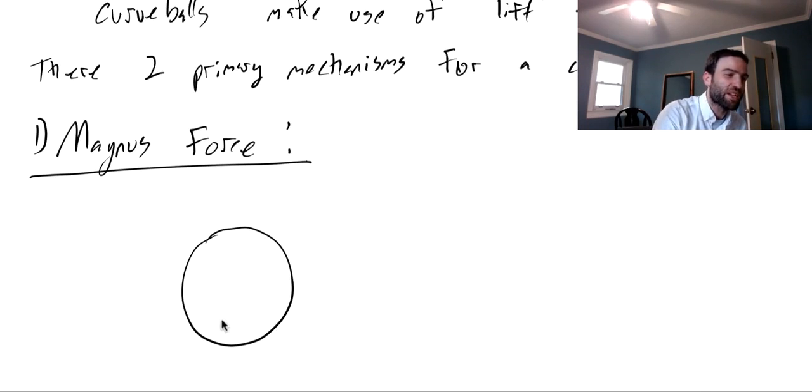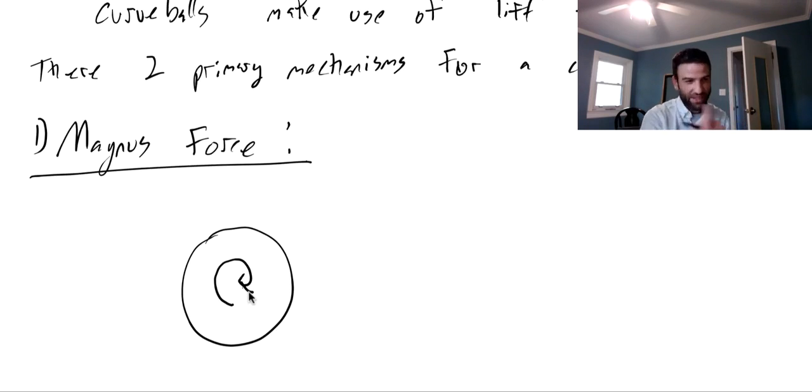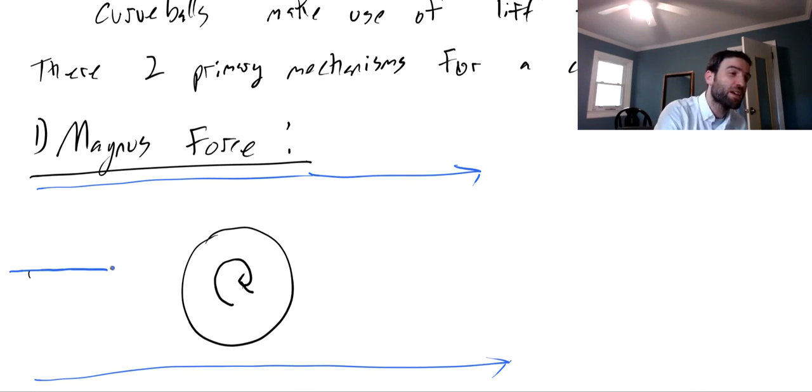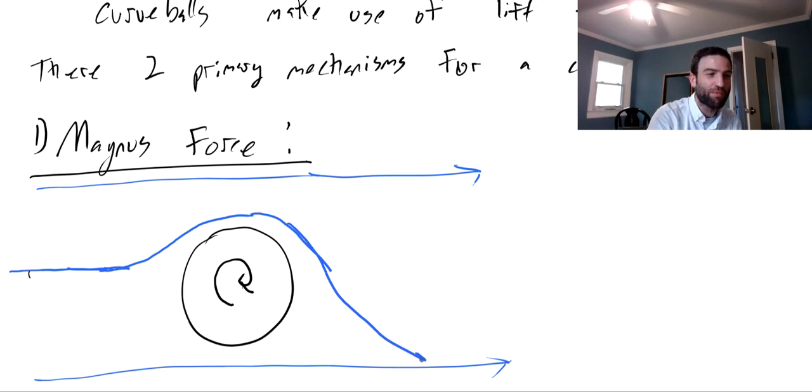Suppose I have a soccer ball and it's spinning in this direction. Now if I look at the streams of air that go around this soccer ball, it's again smooth and laminar out here, and let me focus on the laminar case of the Magnus force for the time being. I have this layer of air approaching the spinning ball. It bends around it, and the spinning of the ball helps drag this layer of air around so that it ends up going off in this direction.